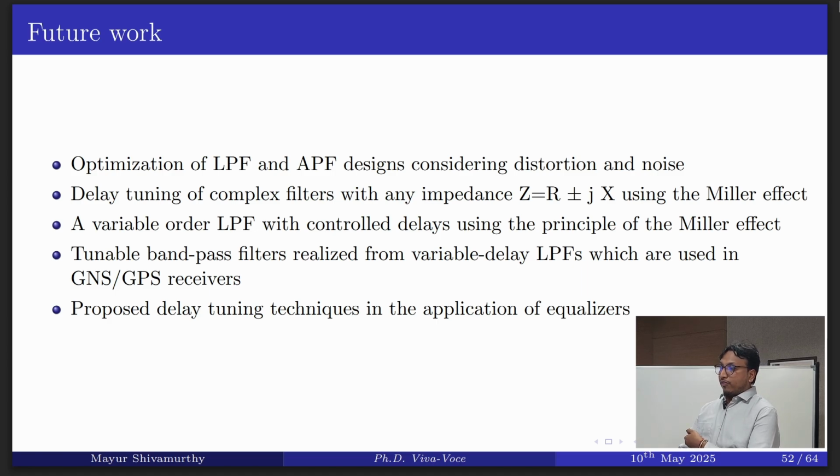Here the order of the filter is fixed, so we can have a variable order filter with the Miller effect to further increase the delay range. And we can have a tunable band pass filter realized with the variable delay filters which are used in GNSS and GPS receivers. The proposed delay techniques can be used in the application of an equalizer, which can be another area where these delay tuning techniques can be used.